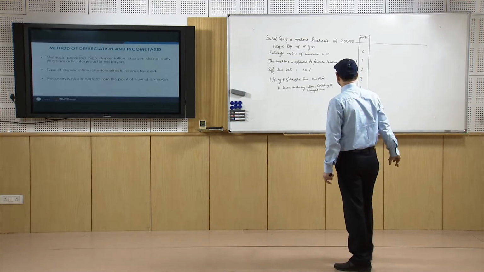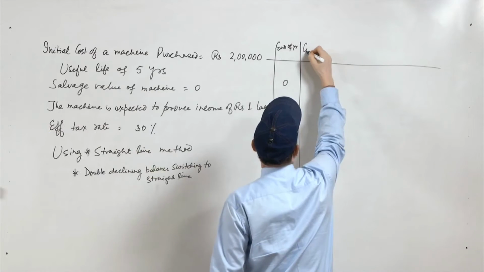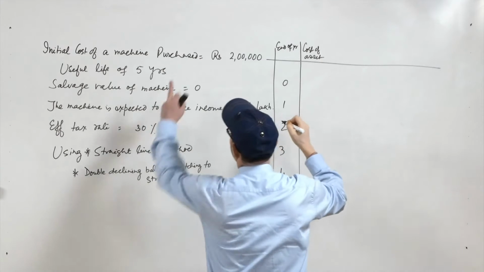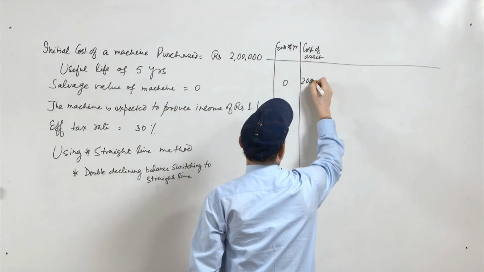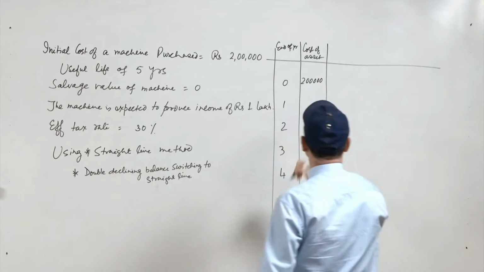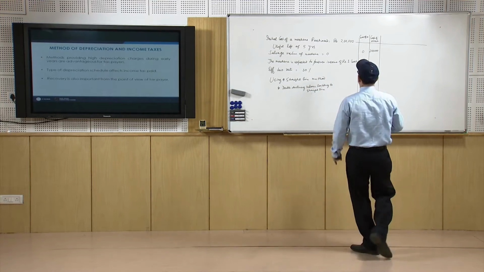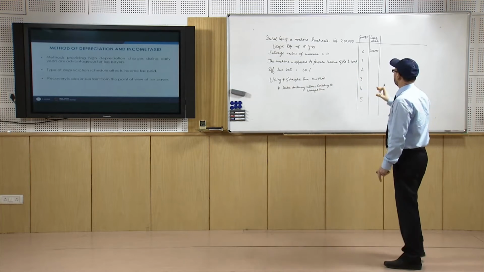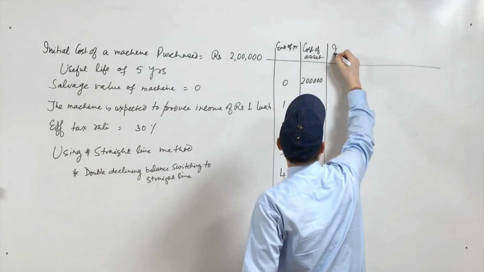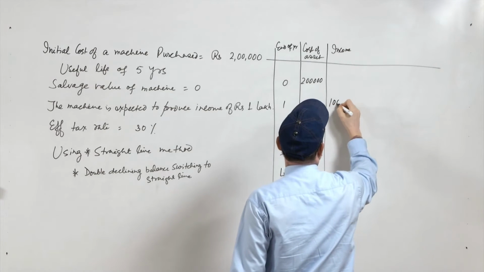Now, in the straight line method, first of all, the first cost of the asset in the 0th year we are taking as an amount of 2 lakhs. Now, we are to calculate the income. Basically we have income every year of 1 lakh. So, income before depreciation in every year is 1 lakh.